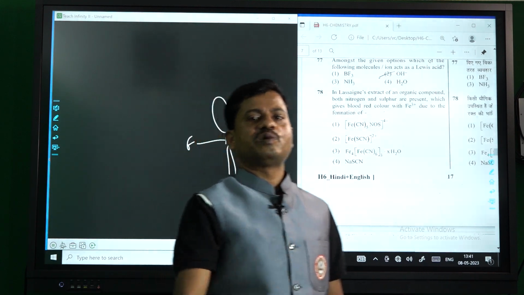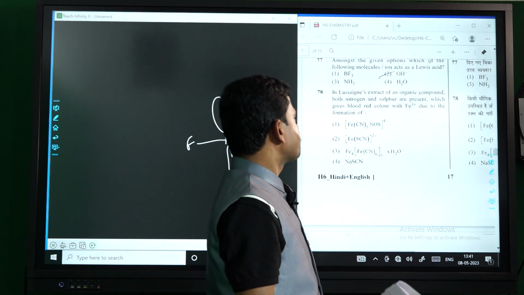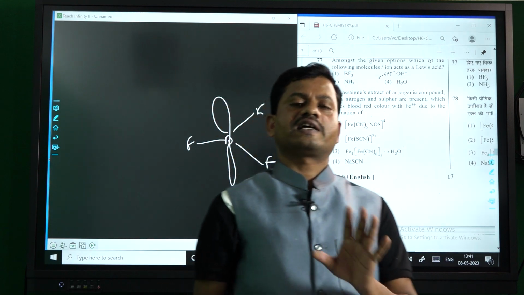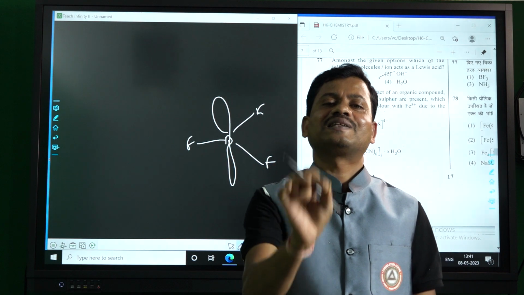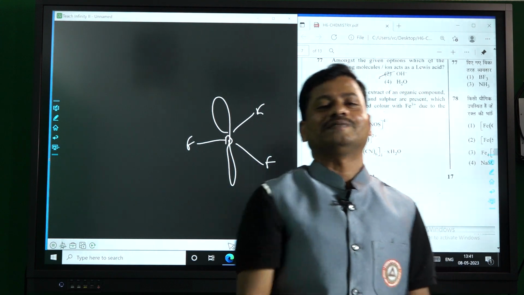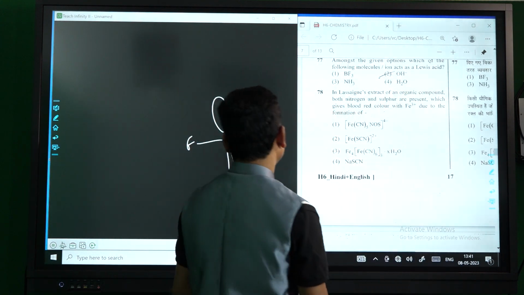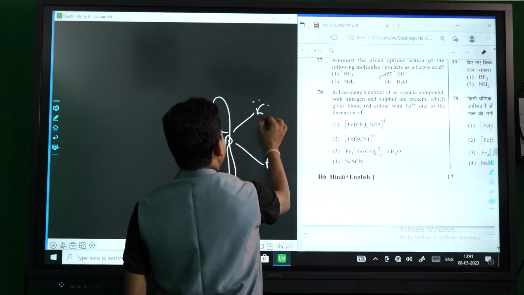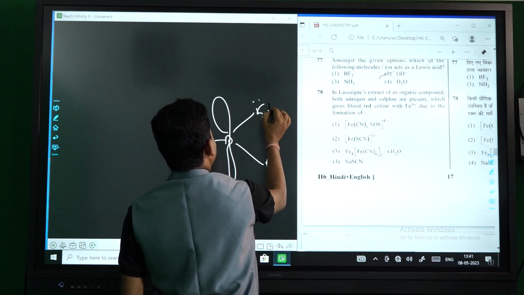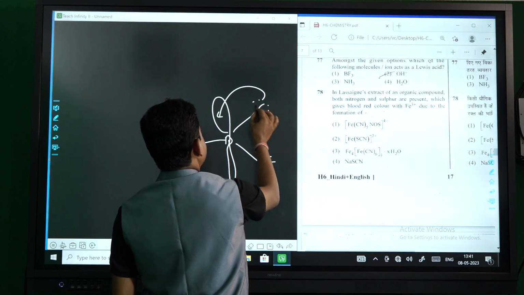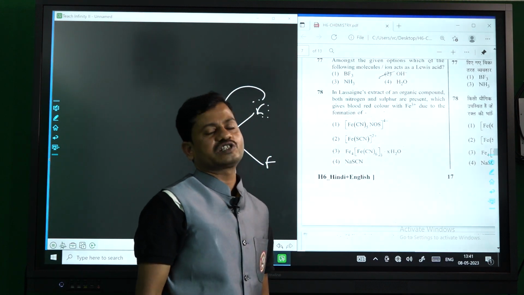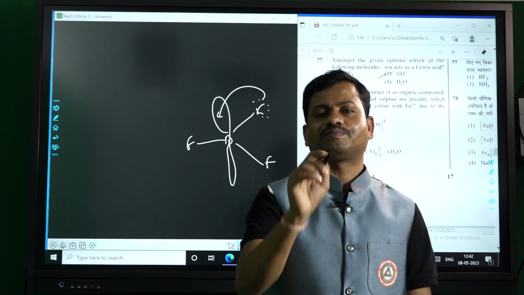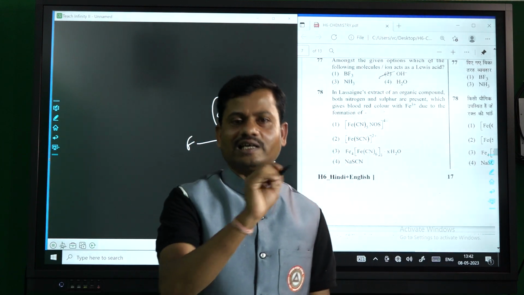But remember that although BF3 is considered a Lewis acid, its Lewis acidic strength is very low due to back bonding. The lone pair on fluorine is converted into a bond pair with the vacant orbital, which is the concept of back bonding. So due to back bonding, BF3 has very low acidic strength.